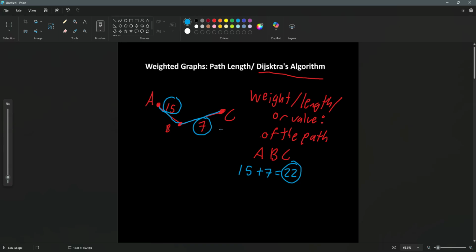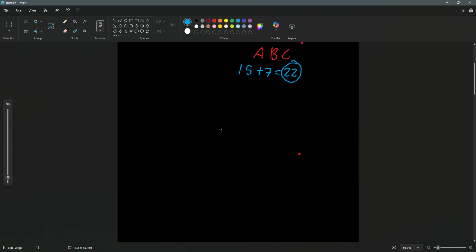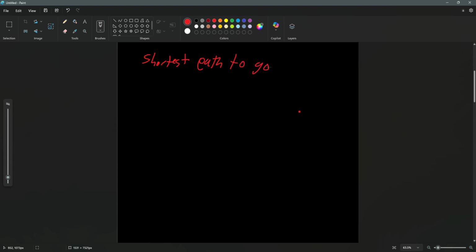Now, one of the questions we really want to ask is, given a graph, what is the shortest way to get there? If I want to go from one point to another, what is the shortest path?